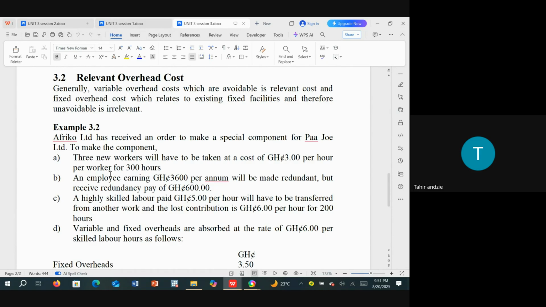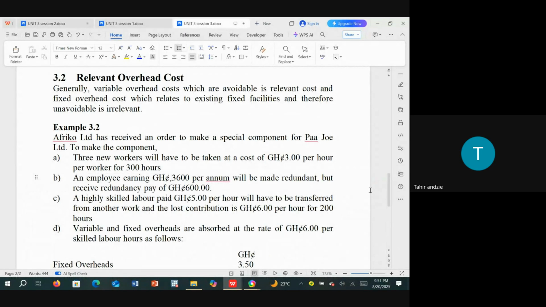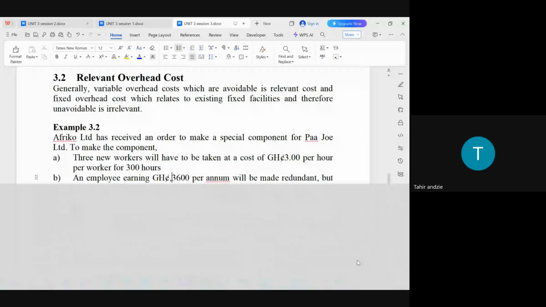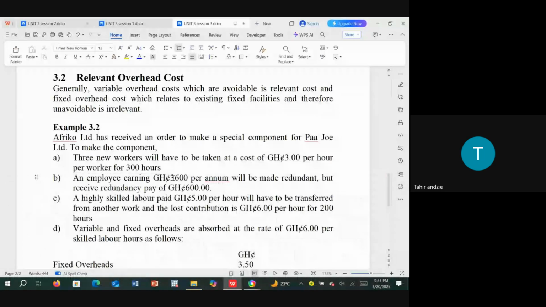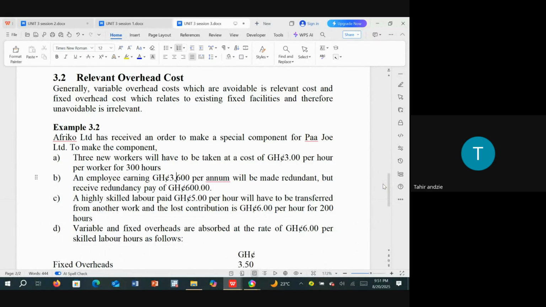Now, B says an employee earning 3,600 per annum will be made redundant, but receive redundancy fee of 600 Ghana cedis.